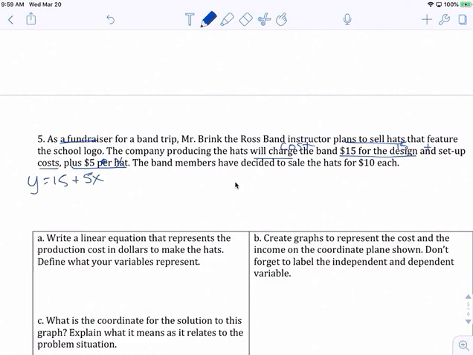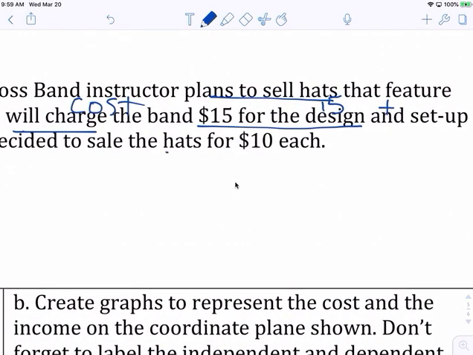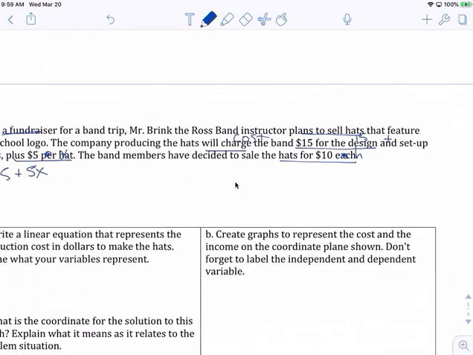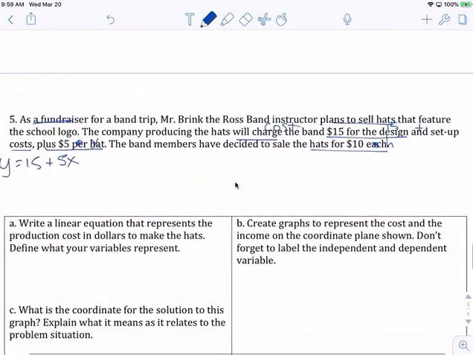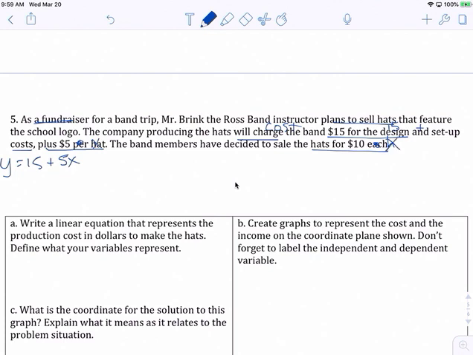Okay, they decide to sell the hat for $10 each times the number of hats, right? So X, we use X for the hat. So Y equals, this is the cost, and they plan to sell it, so it's called an income. Y equals 10X.